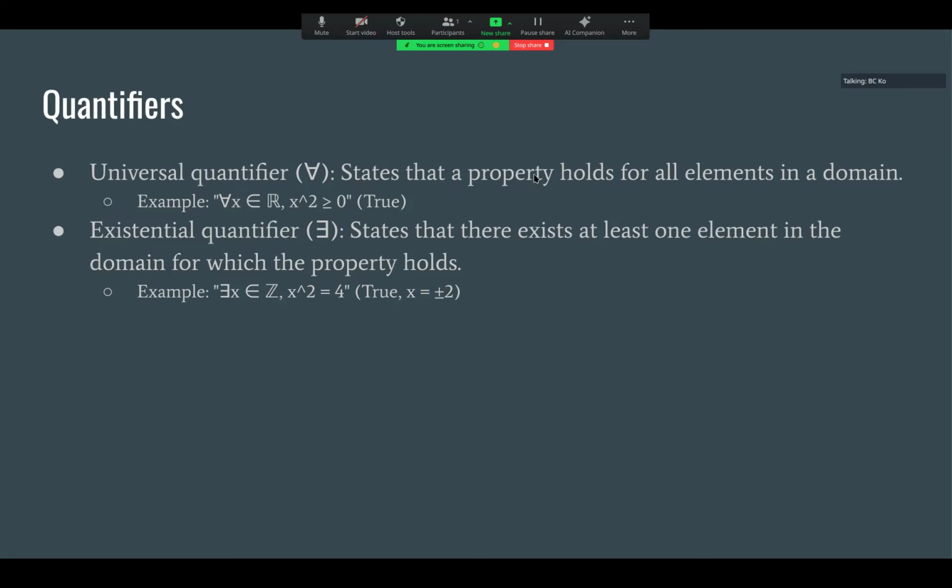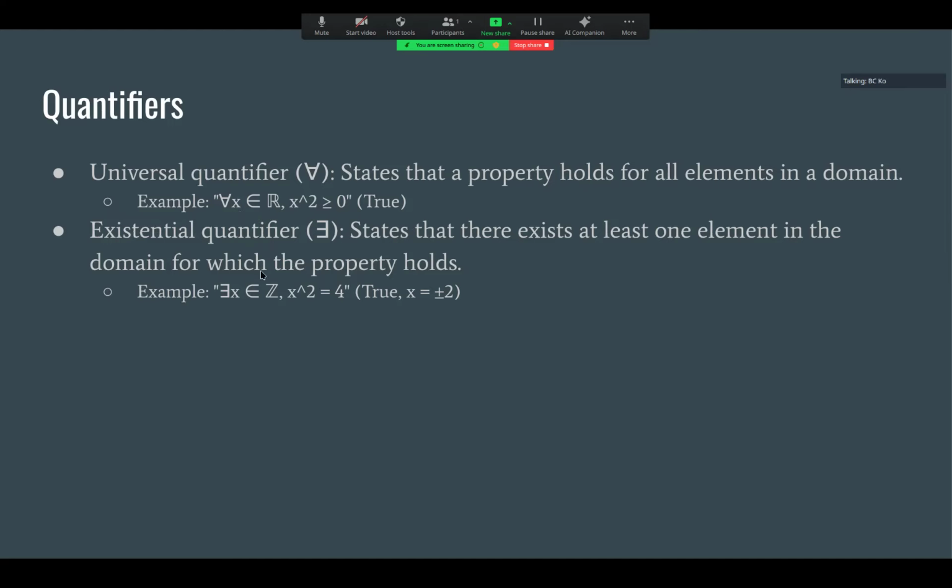For example, for all x in the real numbers, x squared is greater than or equal to 0. We know that this statement is true because the square of any number is always non-negative.